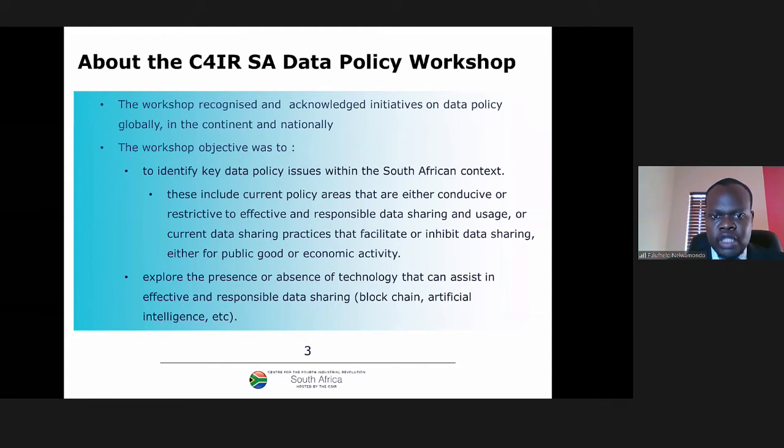In particular, we were there to look into the current policy areas that are either conducive or restrictive to effective and responsible data sharing and usage. We also wanted to explore the presence or the absence of technologies that can assist in effective and responsible data sharing. Here we're talking about technologies like blockchain, artificial intelligence, and many others.